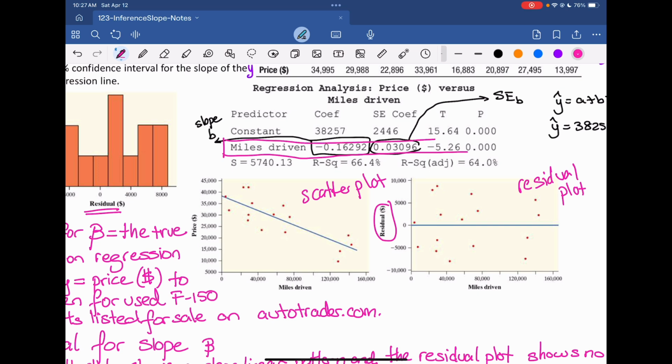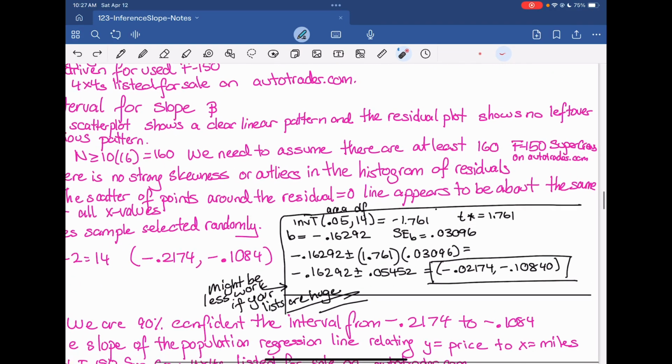And so here is b, little b, and this number here is the standard error. So all you have to do is calculate t star.